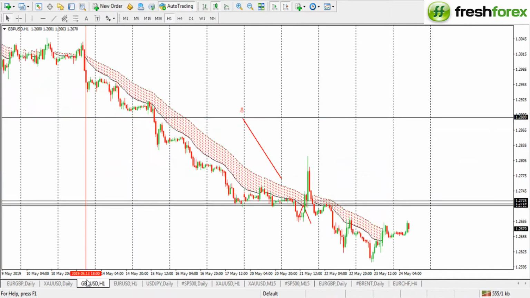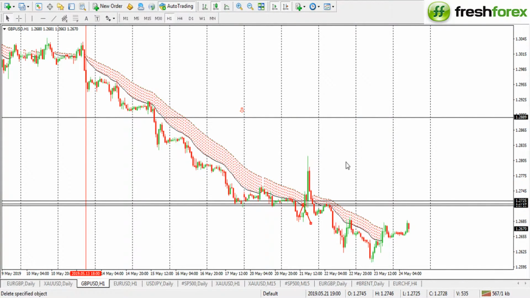Moving to GBP/USD. Yesterday, as you can see, the overall trend on this pair was downwards. We had price moving actively downwards from this point up to where the price is at the moment, and currently as we speak, there's no change in that trend. So this is still downwards.